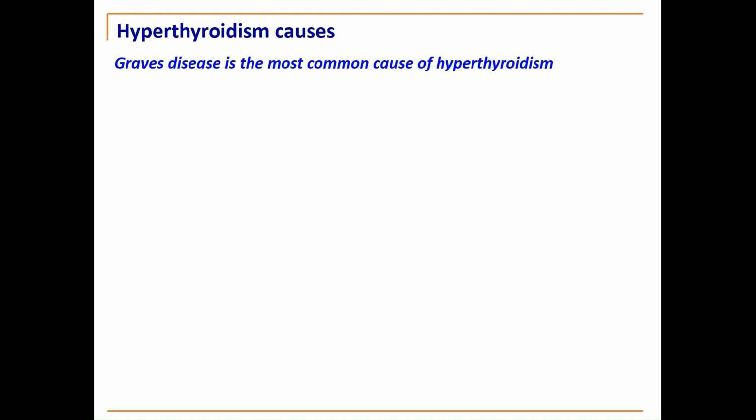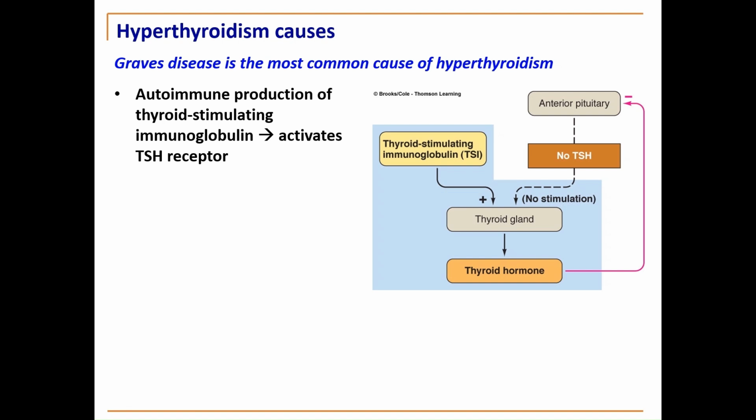Well, what are the most common causes of hyperthyroidism? Well, Graves' disease is the most common cause. And this is where, just like in Hashimoto's, you remember it was autoimmune, but it was autoimmune thyroiditis, so you get inflammation and gradual destruction of the thyroid gland. In this case, you're getting autoimmune production of thyroid stimulating antibodies or immunoglobulins, and those antibodies activate the TSH receptor.